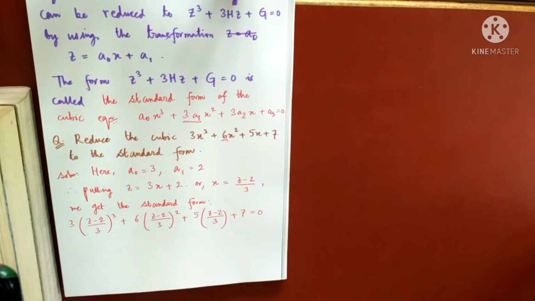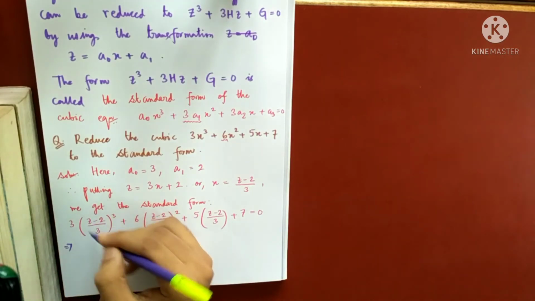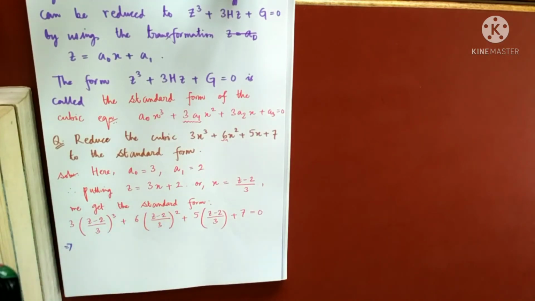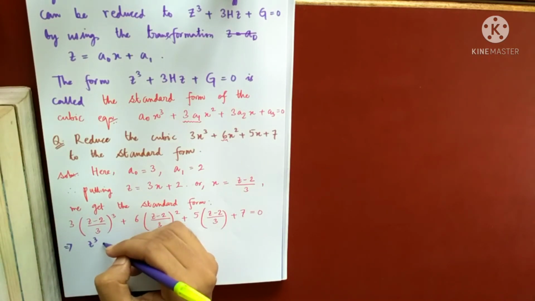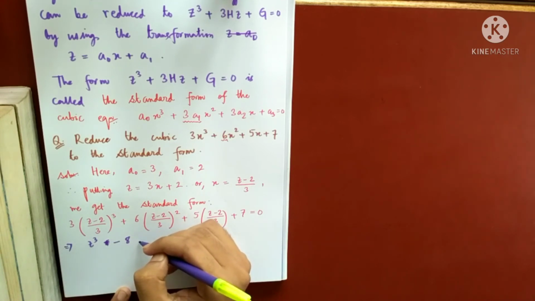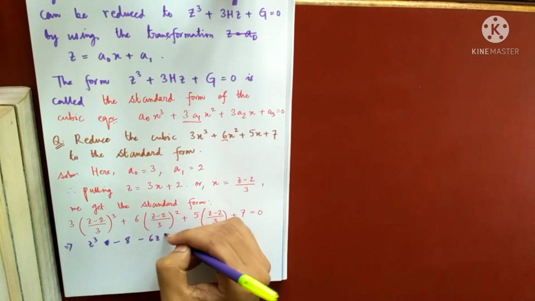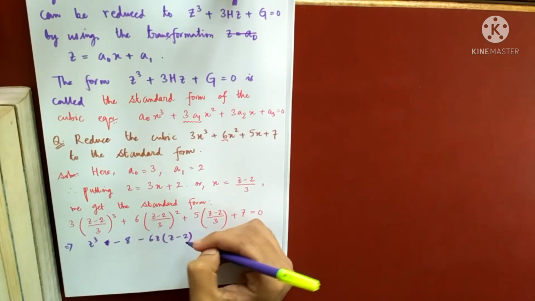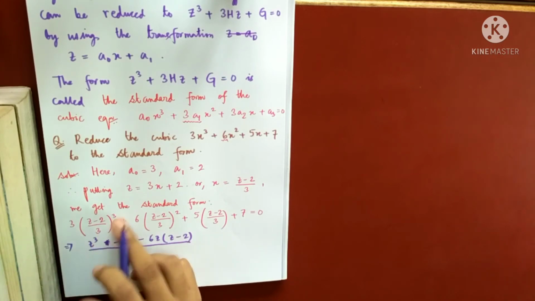So our task is to simplify this. In the numerator it will become a minus b whole cube. So let me apply the formula for a minus b whole cube: a cube minus b cube, and then minus 3ab into a minus b, divided by 3 cube, which is 27.